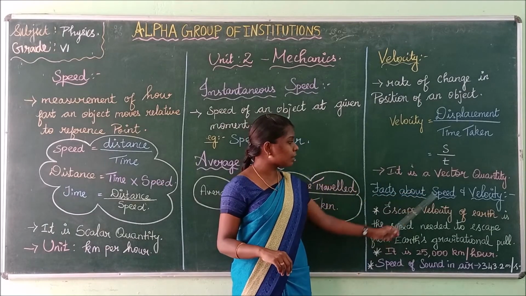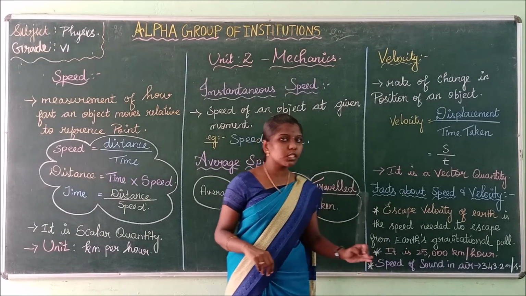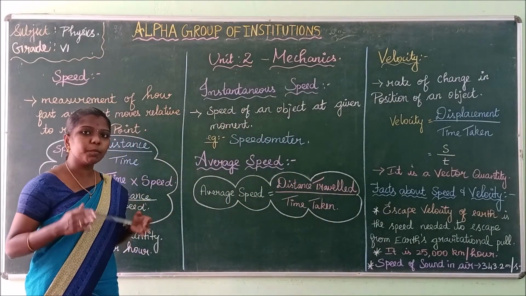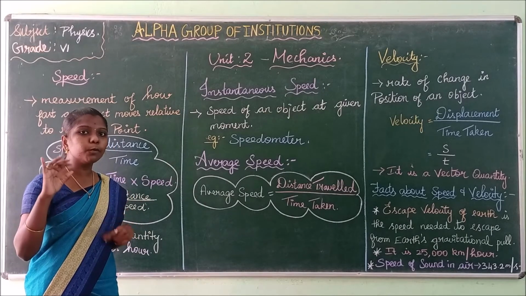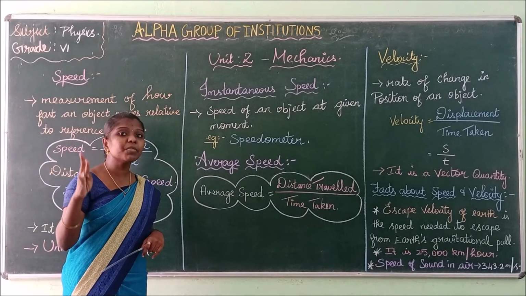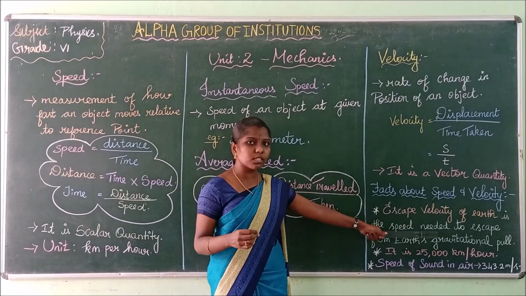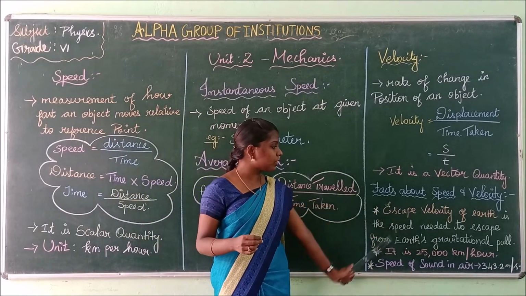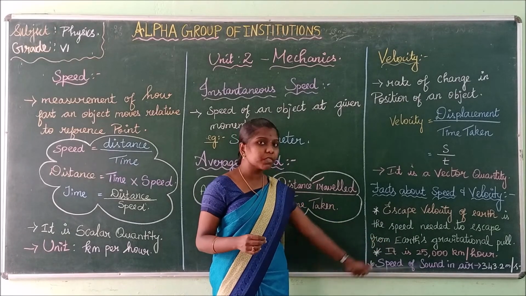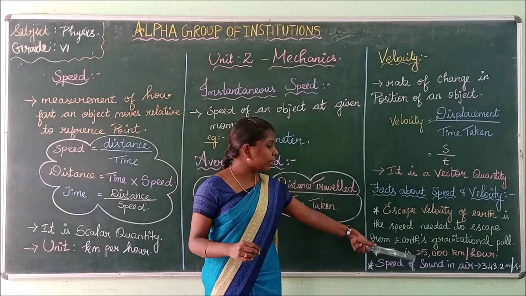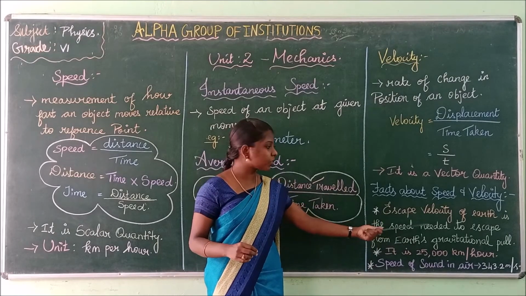Next, you have seen facts about speed and velocity. In speed, the facts are speedometer and odometer. Speedometer is the device to measure speed and odometer is the device to measure the distance traveled. Next is escape velocity. Escape velocity of Earth is the speed needed to escape from Earth's gravitational pull, and it is 25,000 km per hour.